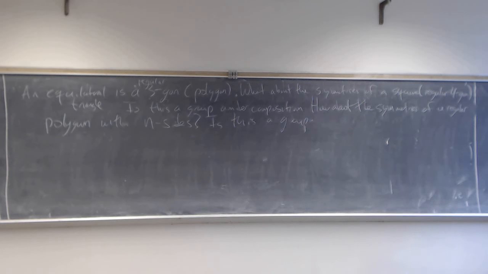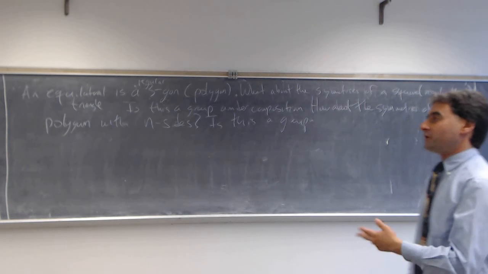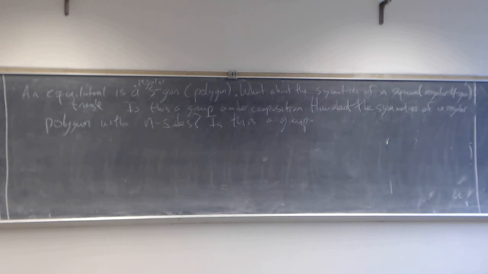A square actually has 4 different rotations by 90, 180, 270, and 0. And it's also got 4 different reflections, depending on whether it's vertical or horizontal, and then through the 2 diagonals.